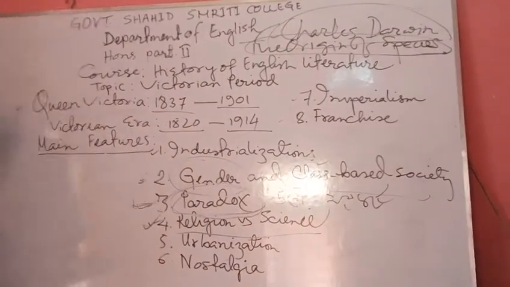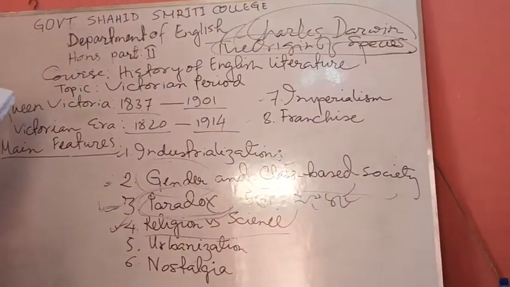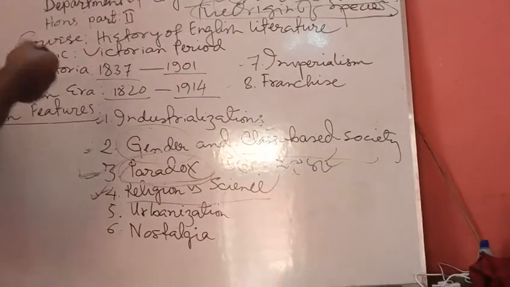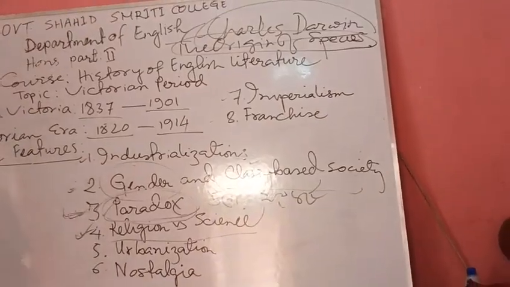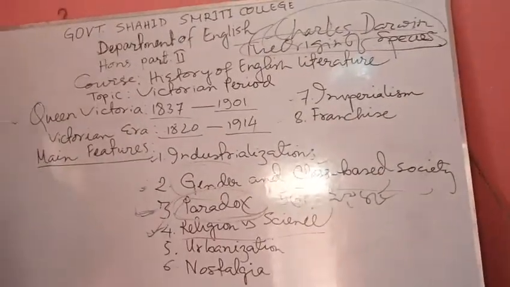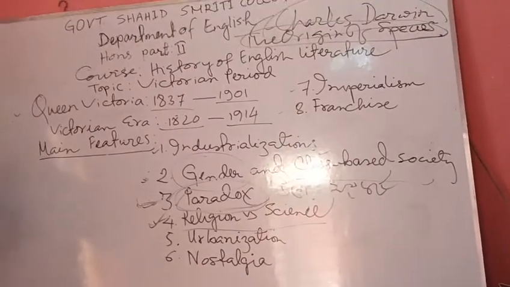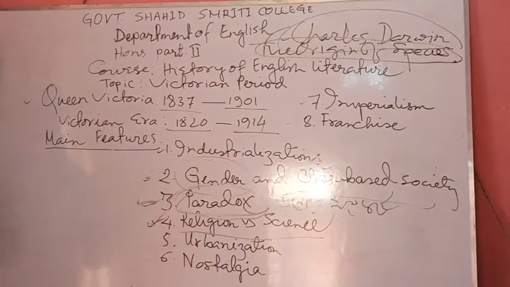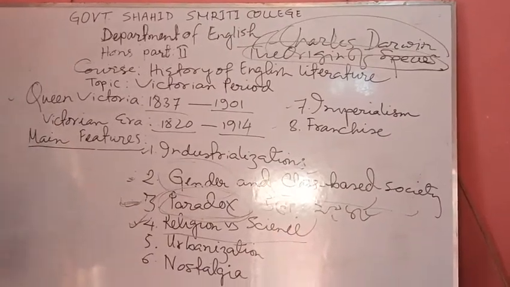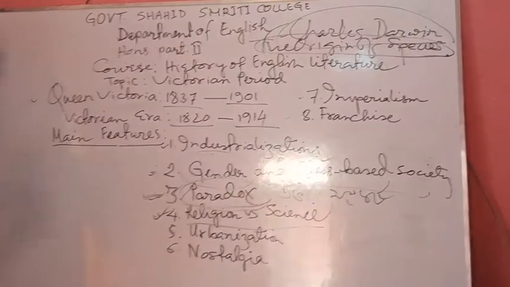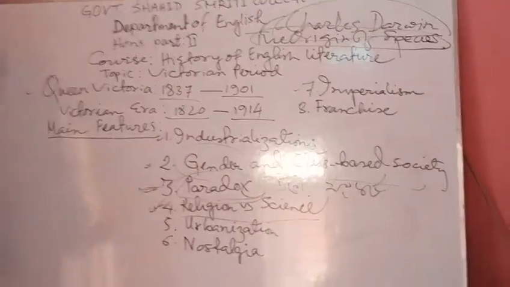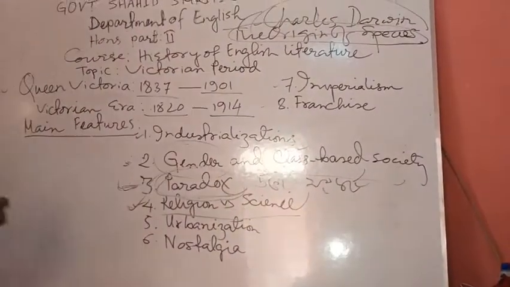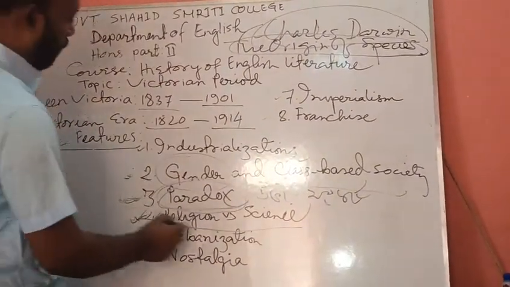This book was published in 1859 and sparked a lot of debate. Darwin proposed a new theory for how the earth came to be populated with so many different species. Actually, this changed their views.